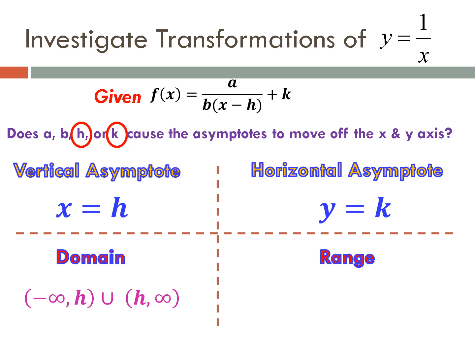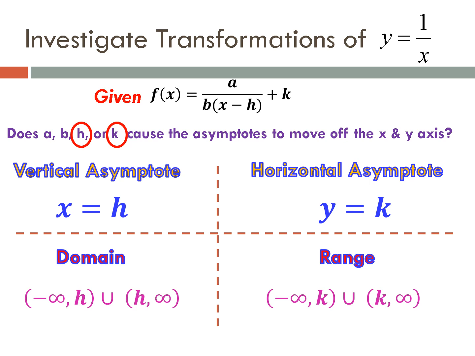Similarly, remember the range was negative infinity to the horizontal asymptote and then the horizontal asymptote to positive infinity. So if my asymptote is at k, then my range is negative infinity to k union k to infinity.